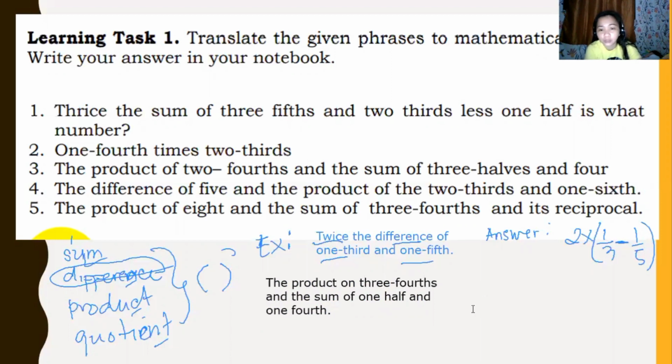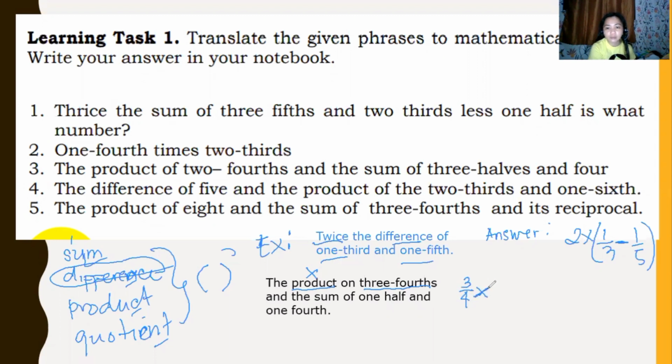Now let's proceed to the terms. We have here the product, which means multiplication, the product of 3/4. Let's write the first one. 3/4 times.